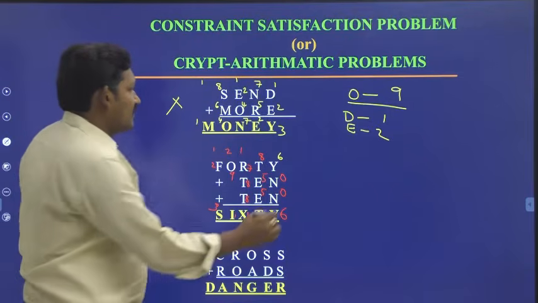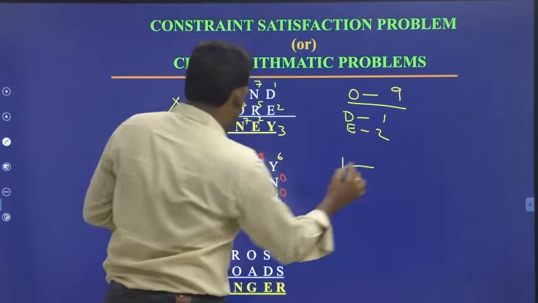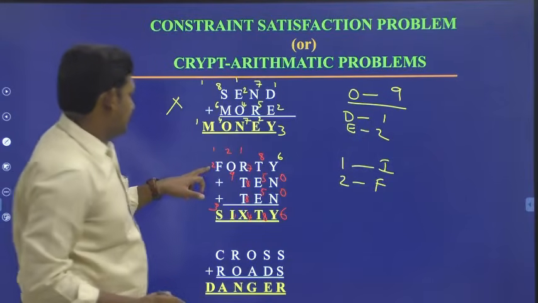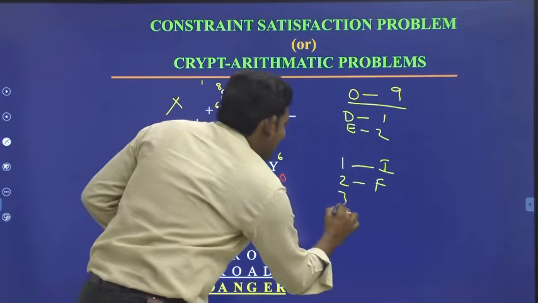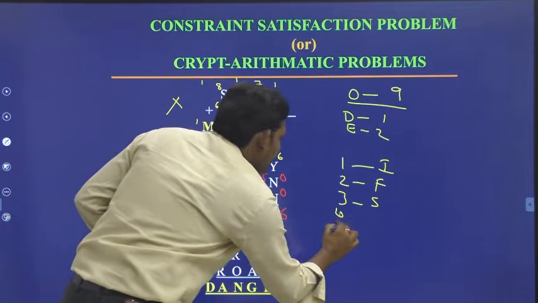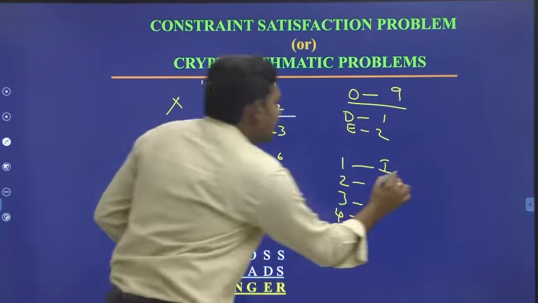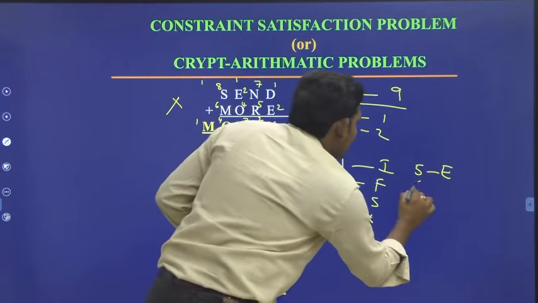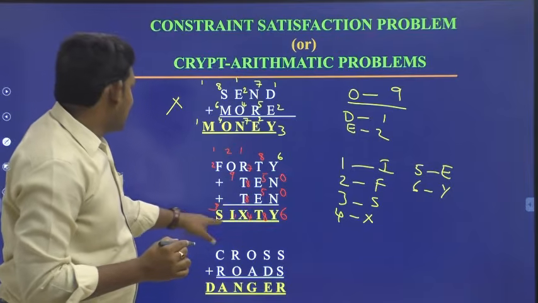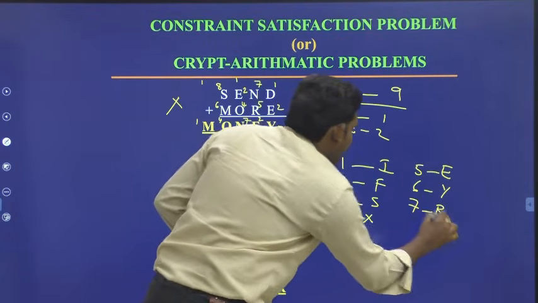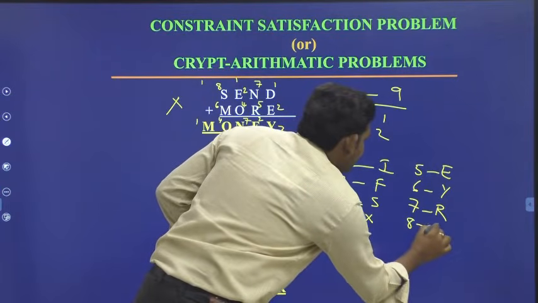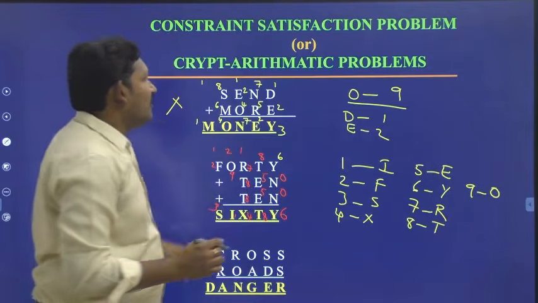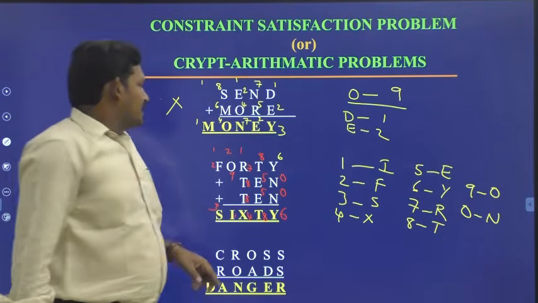So we have allotted 1 for I. Next we have assigned 2 for F, 3 for S, 4 for X, and 5 for E. And 6 for Y, 7 for R, 8 for T, 9 for O, and 0 for M. See here, there is no repetition.